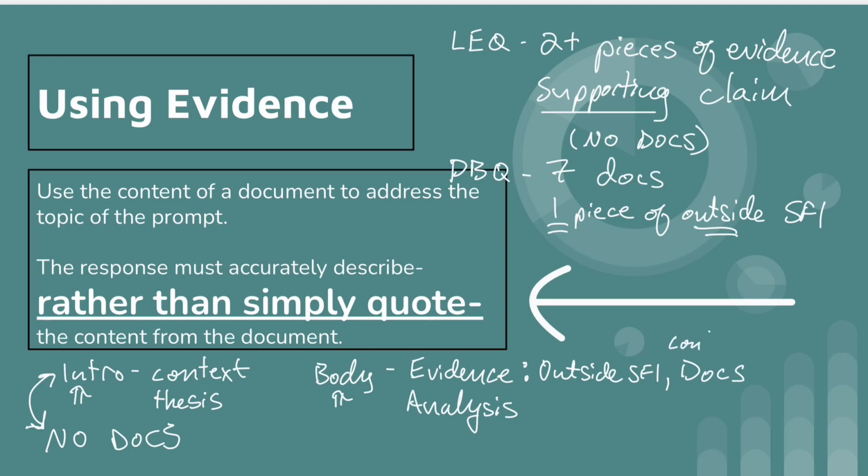Okay, so this is where we get into our content points. And remember, content is different from context. Context is background information. Content is summarize the main idea. Okay, so for 1 point, okay, how many documents do you have to summarize?